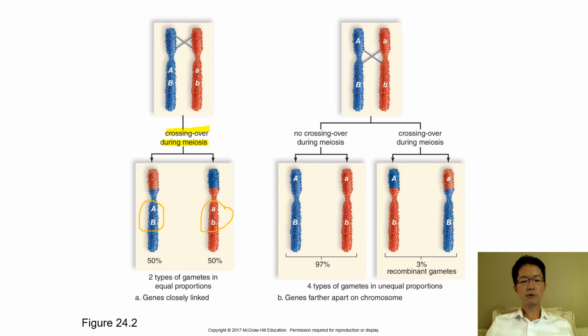So when crossover occurs, if it does not separate gene A and gene B, they will stay together. But in this case, when gene A and gene B are farther away, you can exchange the genes.